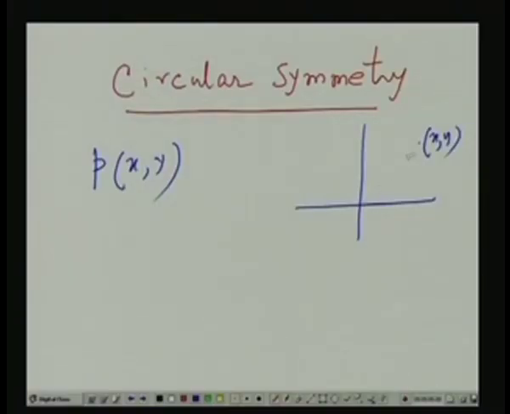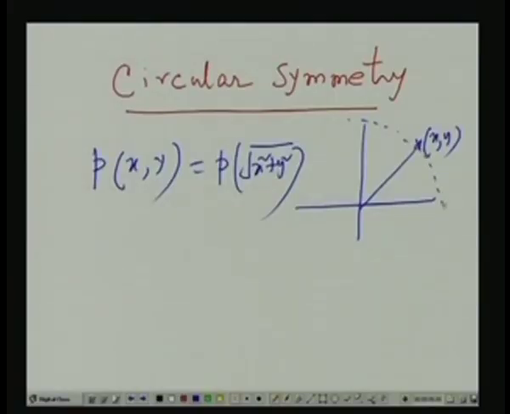If there is a point here say x y, the distance of this point from origin, that is square root of x square plus y square, and the density depends on it, then x and y will be called circularly symmetric random variables.